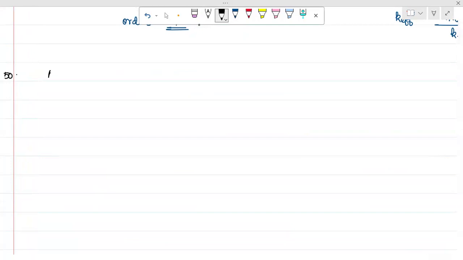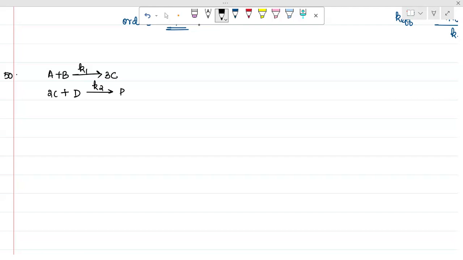Okay, so the question is A plus B gives 3C, rate constant is K1. And 2C plus D gives P, rate constant is K2. These are the steps. Only this much is given.